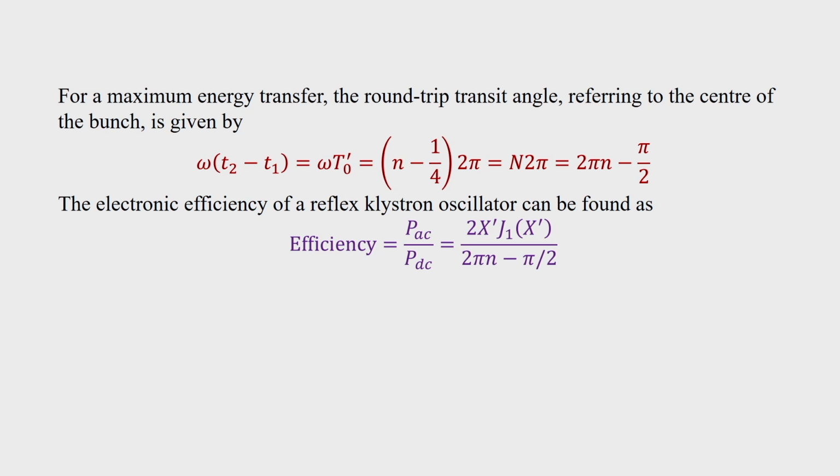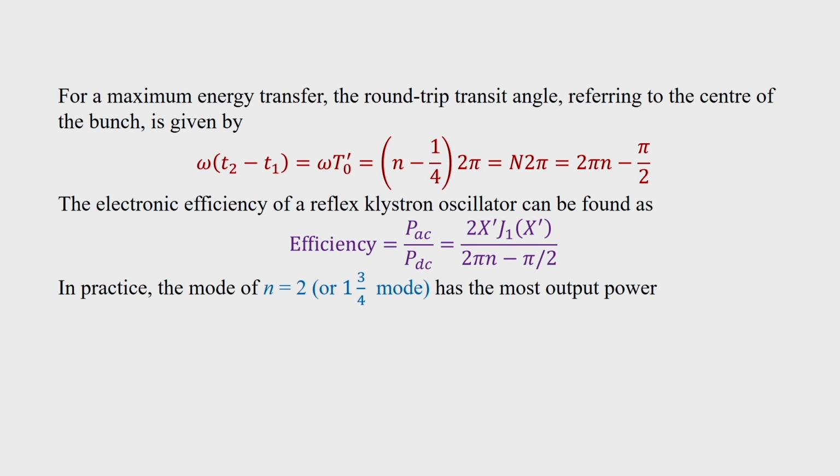The electronic efficiency of the reflex klystron can be calculated by finding out the AC power, and it is given by 2 X' J1(X') divided by (2 pi n minus pi by 2).